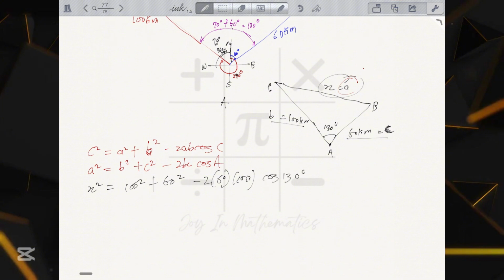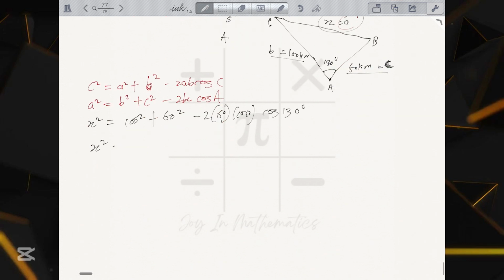So simplifying further, this will give us 10,000 plus 3,600 plus 12,000 cos 130 degrees. Cos 130 degrees is similar to cos 50 degrees, but negative, and so this will still be positive.